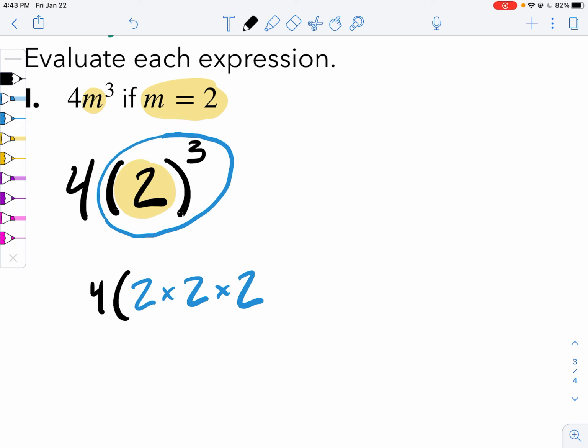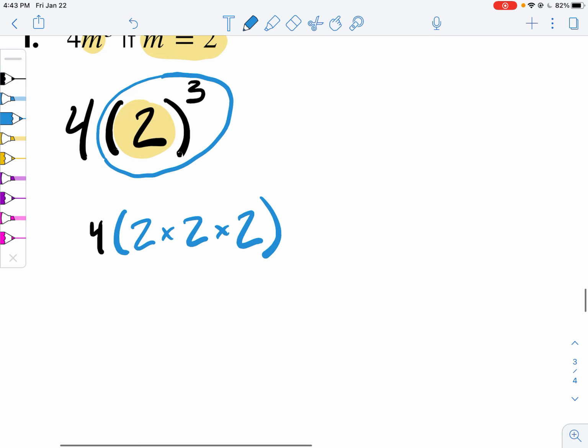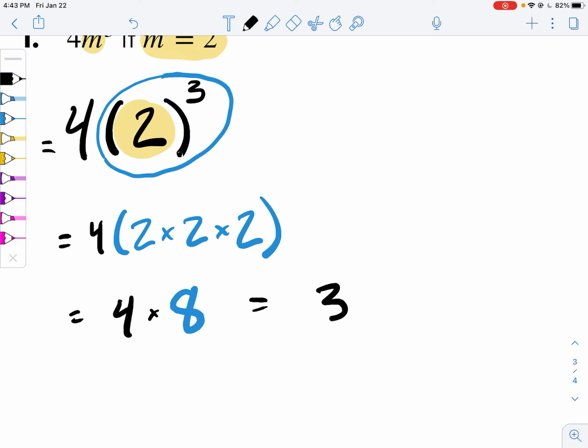Okay, so we're going to do that first. And 2 times 2 times 2 is 8. By the way, these are equal to each other. So 4 times 8 is 32. So that is equal to 32.